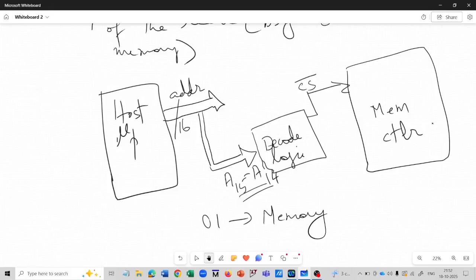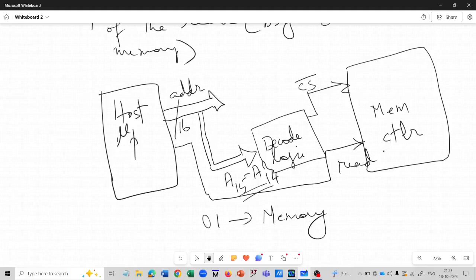And when this chip select is asserted, it indicates that the host microprocessor is accessing the memory system that we are considering now. And when it is accompanied by a read signal, of course, it will be accompanied by a read signal in this case because we are assuming that only read transactions are supported. So there will be a read signal also which is coming from the processor that will be interfaced to the memory controller.